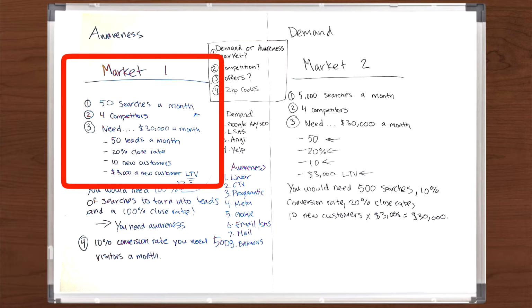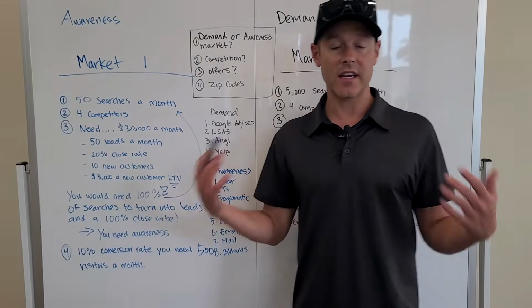Now, in addition to that, they need 50 leads a month in order to have a 20% close rate on those leads to get 10 new customers. It's $3,000 lifetime value for a new customer, so that gets us to that $30,000 a month. Now, think about it from this perspective.